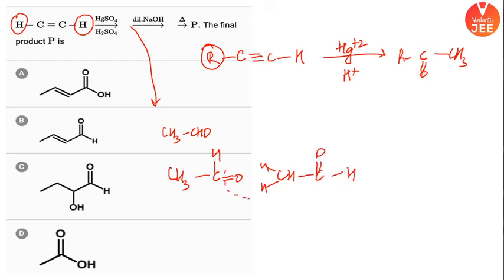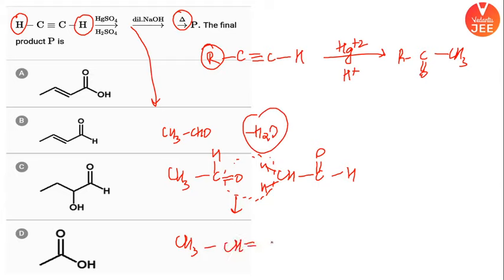What will happen? I'm directly writing because this is nothing but aldol condensation because heating is also there. So what I'll end up with is CH3, just remove water, right? Minus water. So what I will get is CH3-CH=CH-CHO, and that's the answer here, option number B. Okay? I hope it is clear.